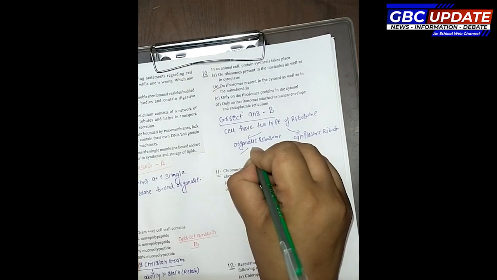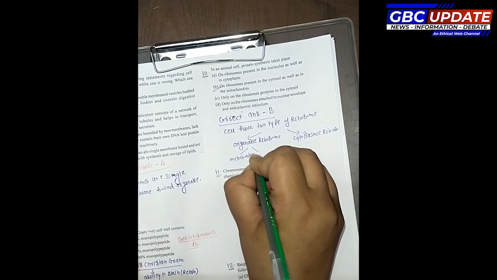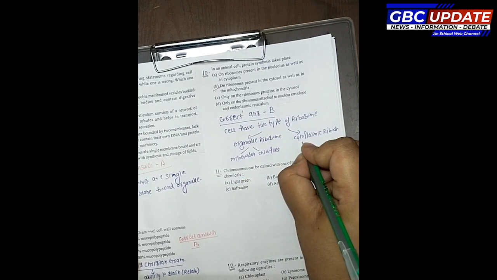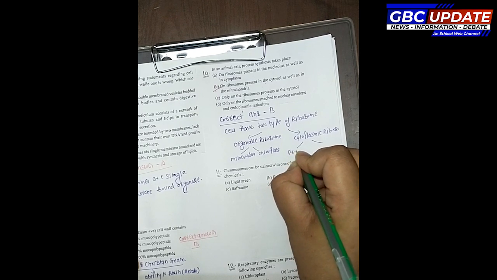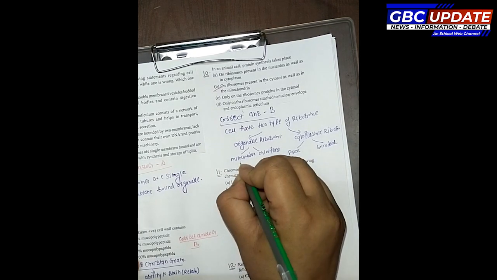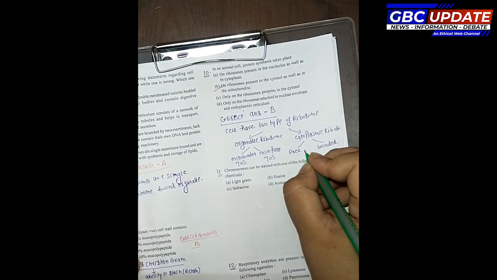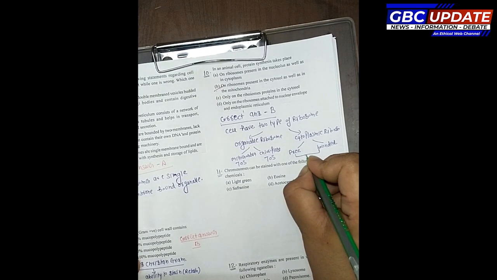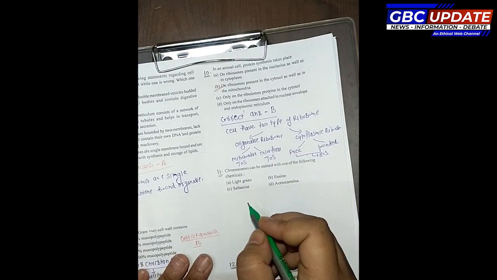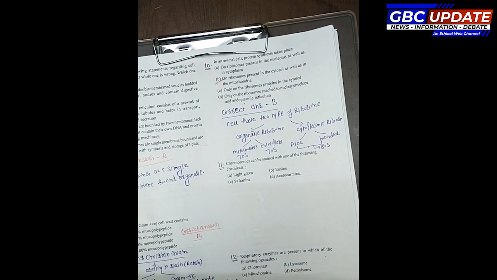So organelle ribosomes are present in mitochondria and chloroplast, while cytoplasmic ribosomes may be free in cytoplasm or bound with something. So mitochondrial ribosomes are 70S, while chloroplast are also 70S. These both are 80S ribosomes, and all of these are responsible for protein synthesis. All of these participate in protein synthesis. That is why the answer is B.